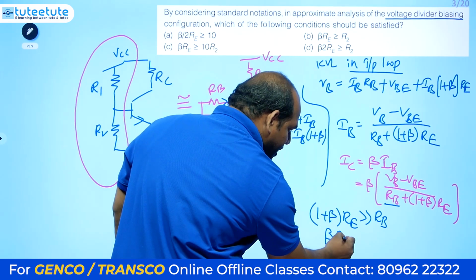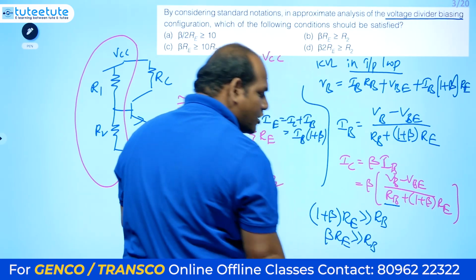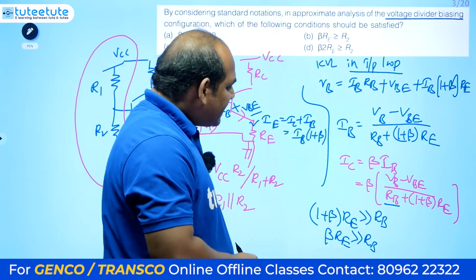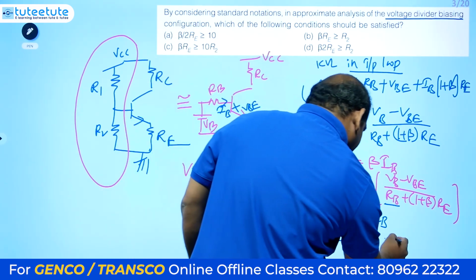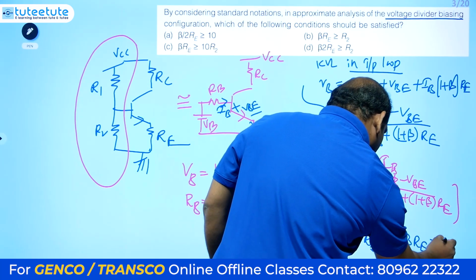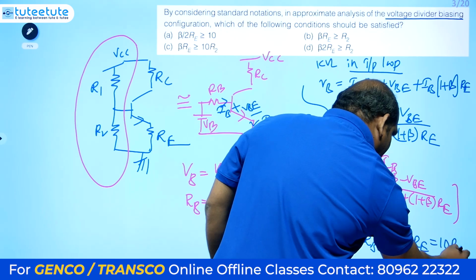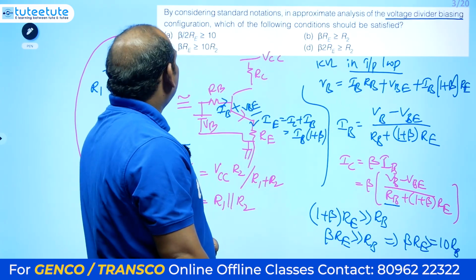So beta into RE must be greater than RB. In general, greater than means 10 times greater we have to take. That means beta into RE must be equal to 10 times RB, or you can take greater than or equal to 10 times RB. Like that we can take.